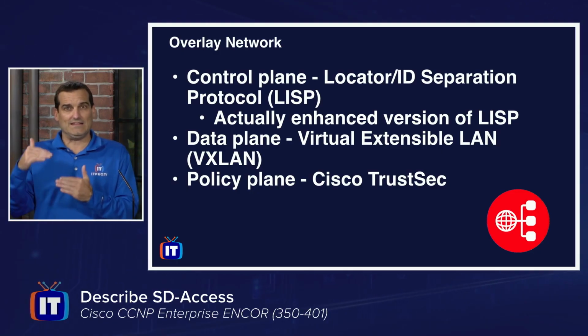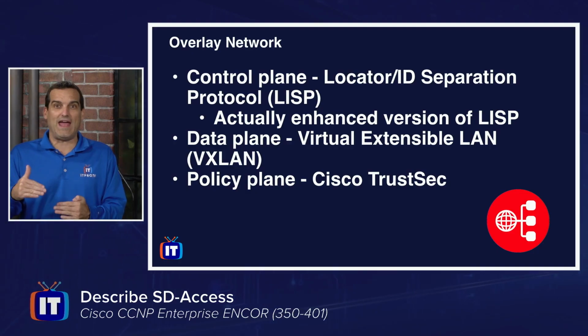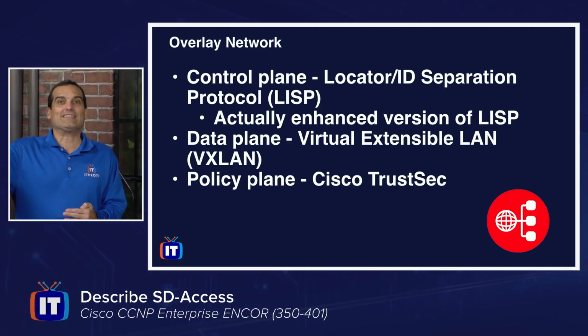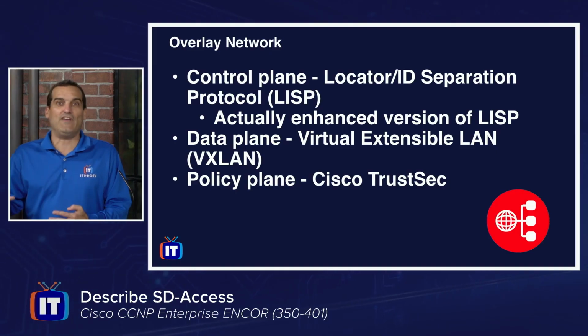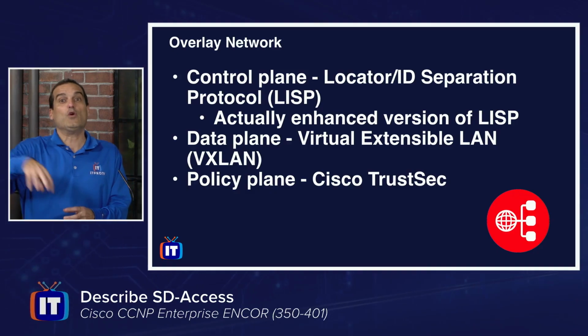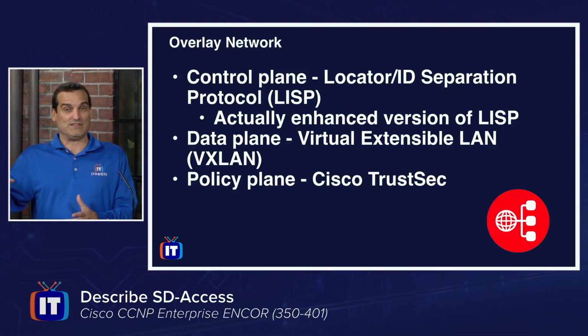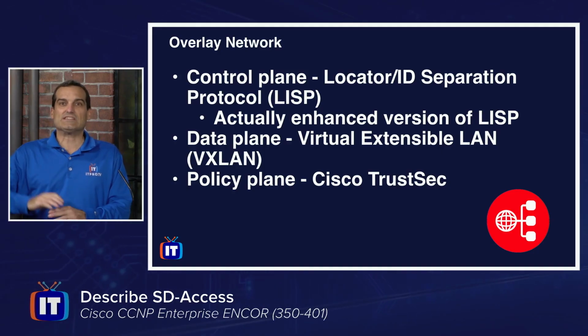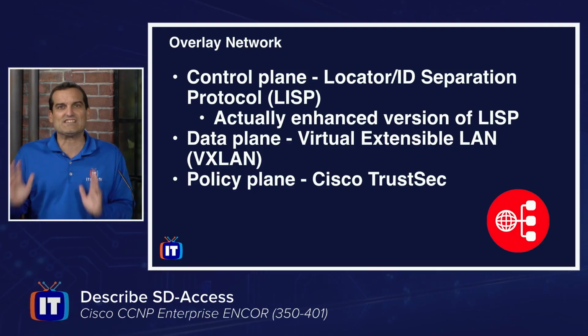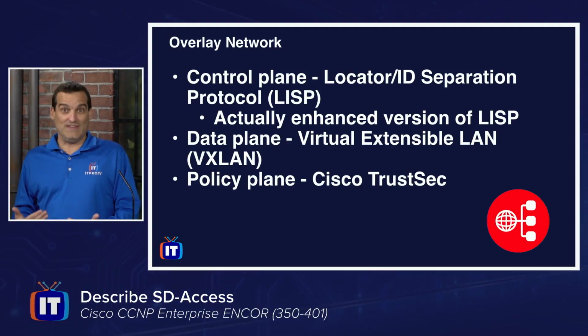The idea behind Lisp is an easier way to quickly track the end users and their devices in our infrastructure. We're going to actually circumvent the routing table, and we're going to very quickly locate those entities with Lisp. It's really cool. And then the VXLAN piece, that's going to give us a super hyper scalable way to do VLANs.